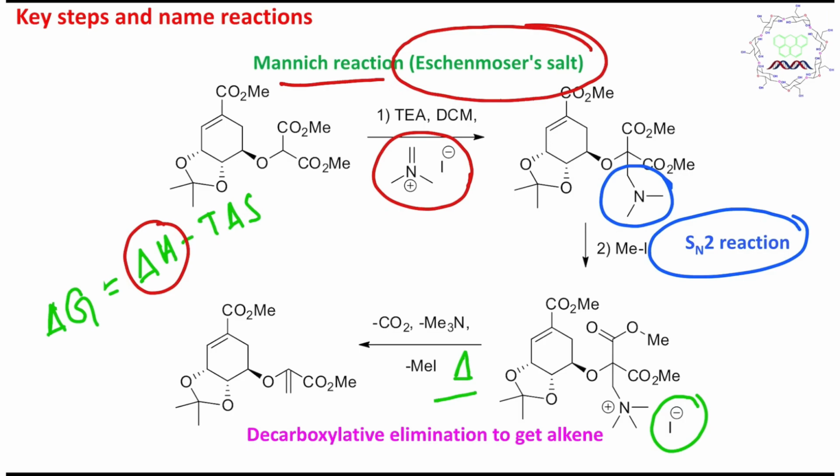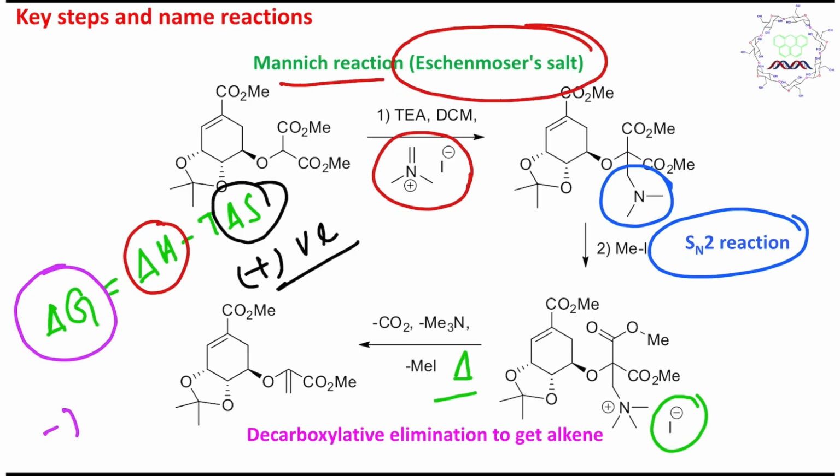And from one molecule, many molecules are produced, so delta S is highly positive. And T is relatively higher, so delta G is very much negative. That is the condition of spontaneity of this reaction, and ultimately it produces this alkene as product.